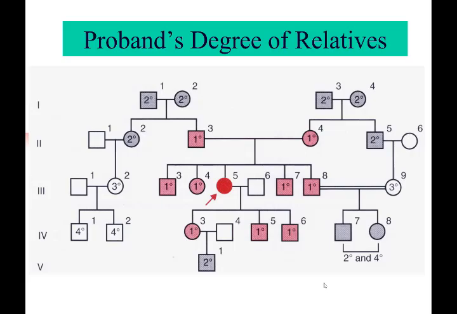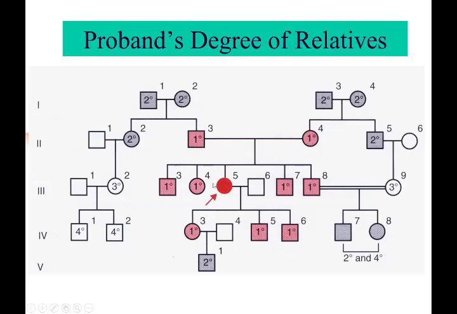Okay, now with this pedigree, I would like to show you the degree of relatives, where we put the primary, secondary, tertiary and quaternary relationship to the proband. The number for the proband here is in the third generation, number 5, so it would be III-5.